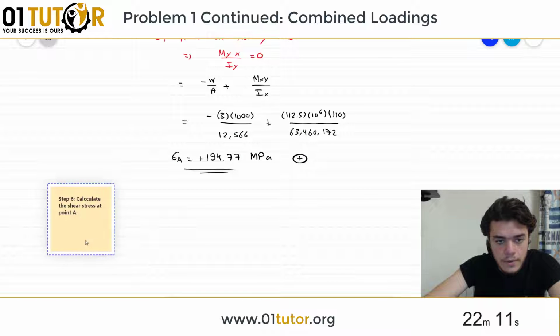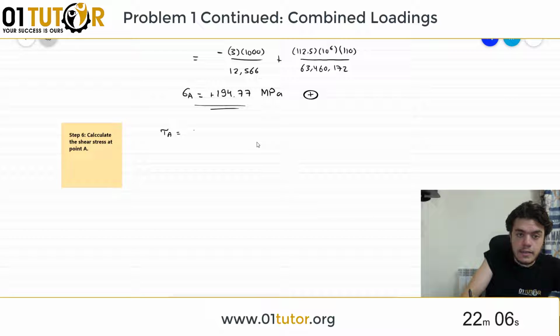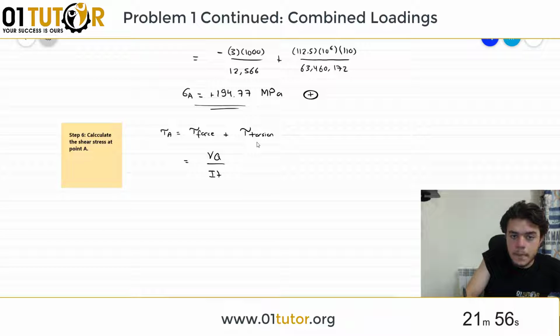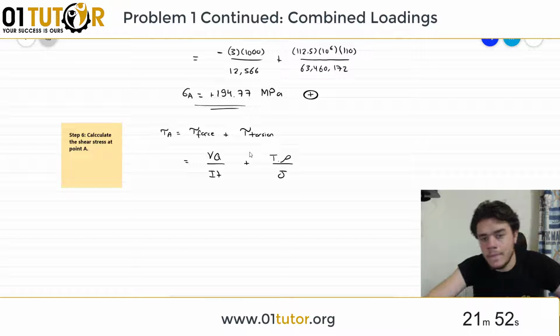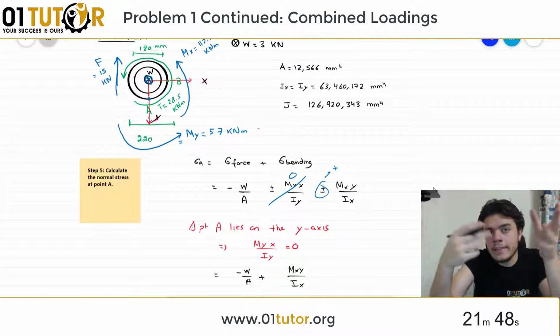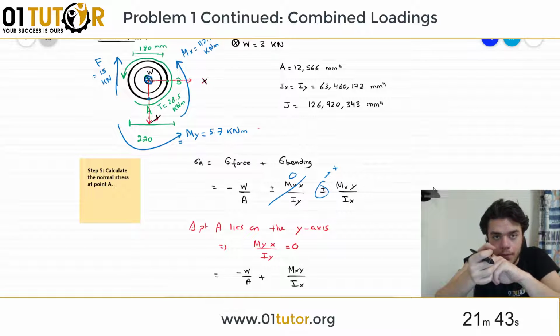So the shear stress at point A is a combined effect of what's happening due to the shear force plus what's happening due to the torsion. And here you're going to have VQ over It plus T multiplied by rho over J. Now look at point A and tell me if there is any shear stress due to the force.